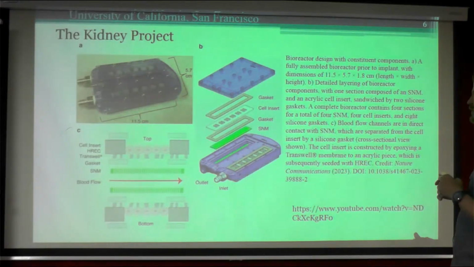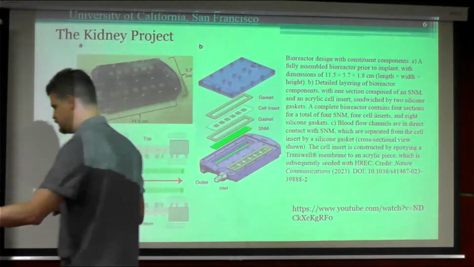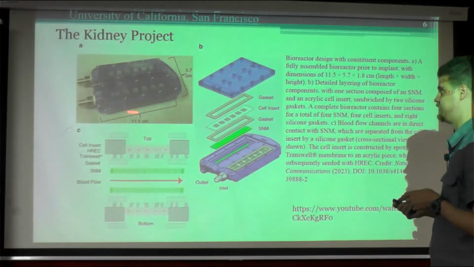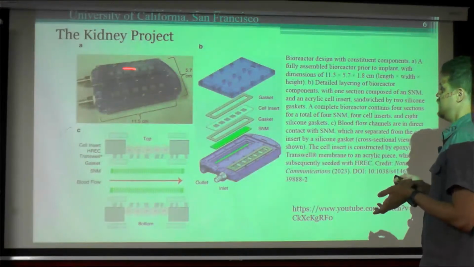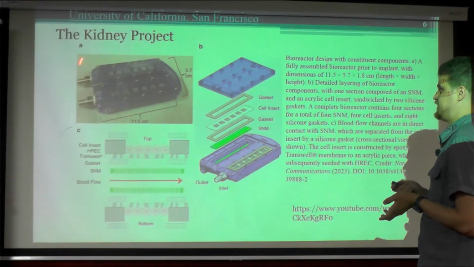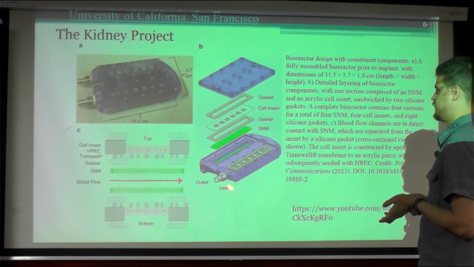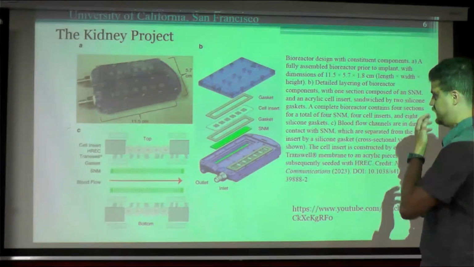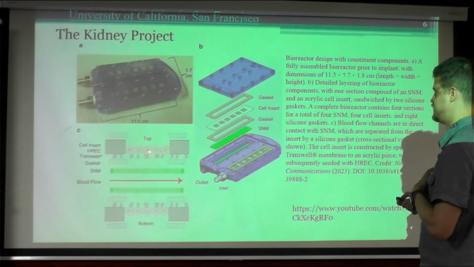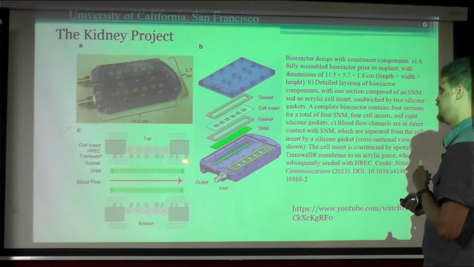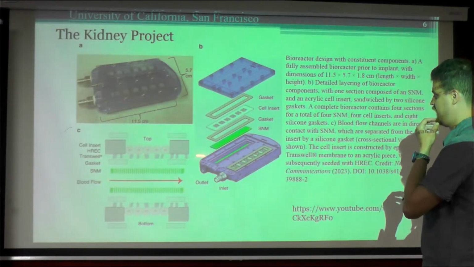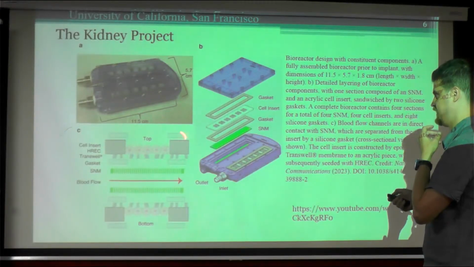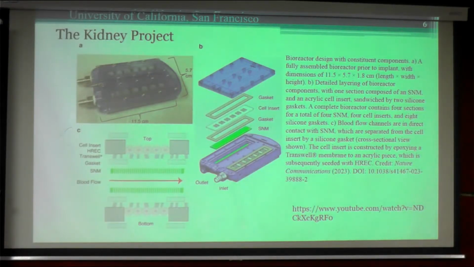So the primal idea behind this tool is to create a device that will imitate the Bowman capsule space and the proximal convoluted tubule. They have a filtration unit that consists of biotissue deposited on a specific membrane, and an additional membrane to separate the blood from this biological material.